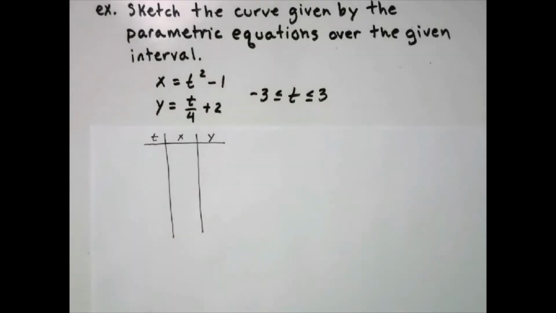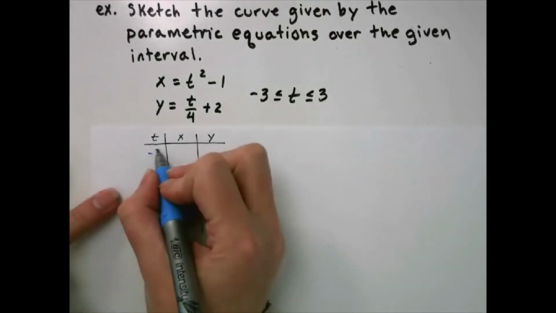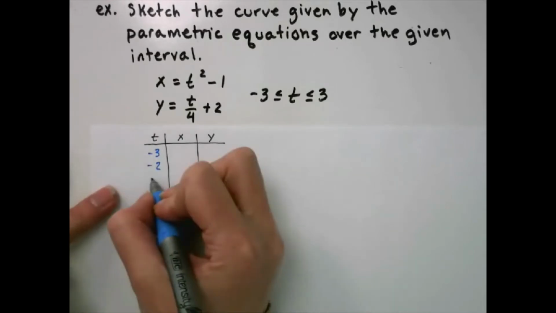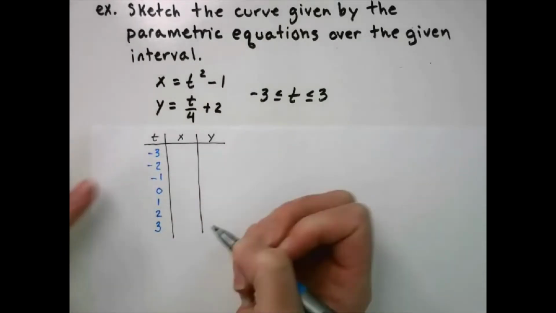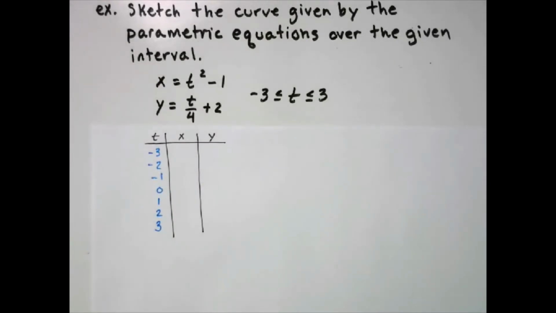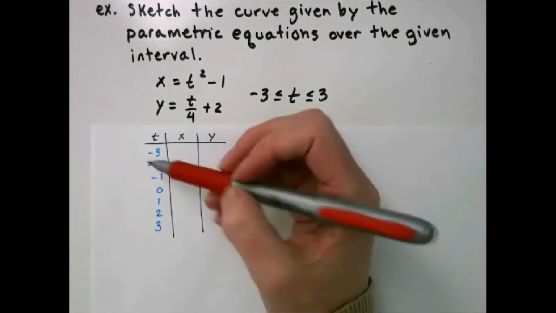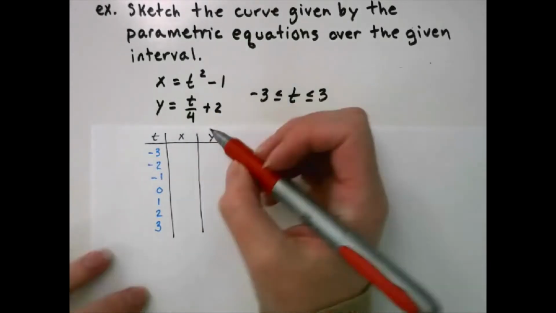So my t's are going to go from -3 to 3. And then we're going to plug those values into each of the 2 equations. Okay, so we're going to plug these into our x equation.